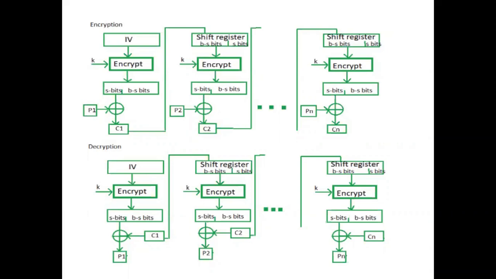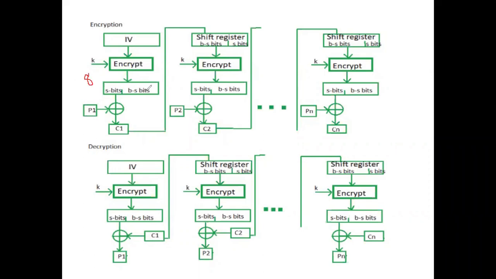After that, you can observe that there is a shift register. Observe in the shift register, it is mentioned as S bits and B minus S bits. What is this S bits? The S bit size is 8 bits.